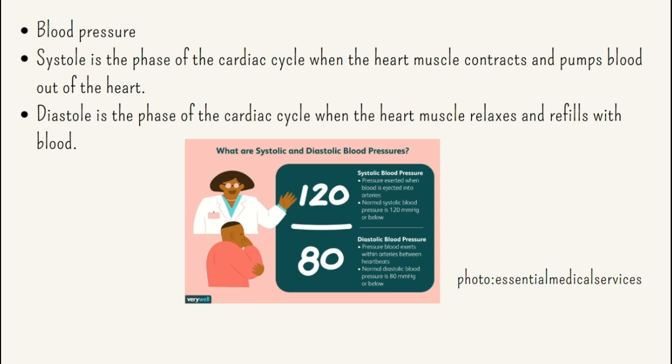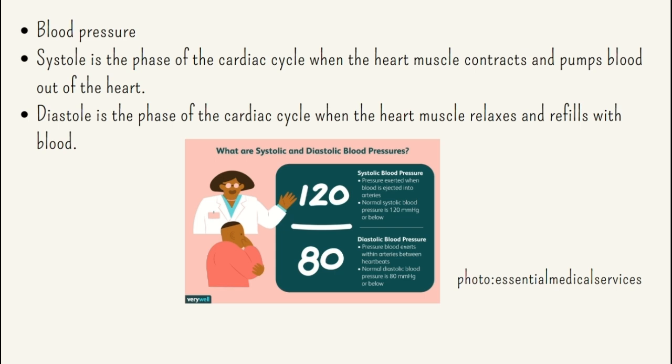Then the diastole is the phase of the cardiac cycle when the heart relaxes and refills with blood. So if you look at the diagram, the top number, the bigger number, is the systolic number, which tells when the heart contracts and pumps blood out of the heart.